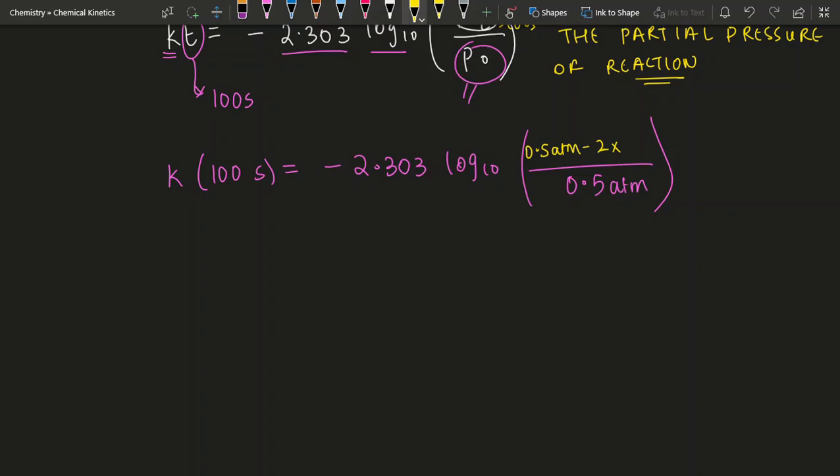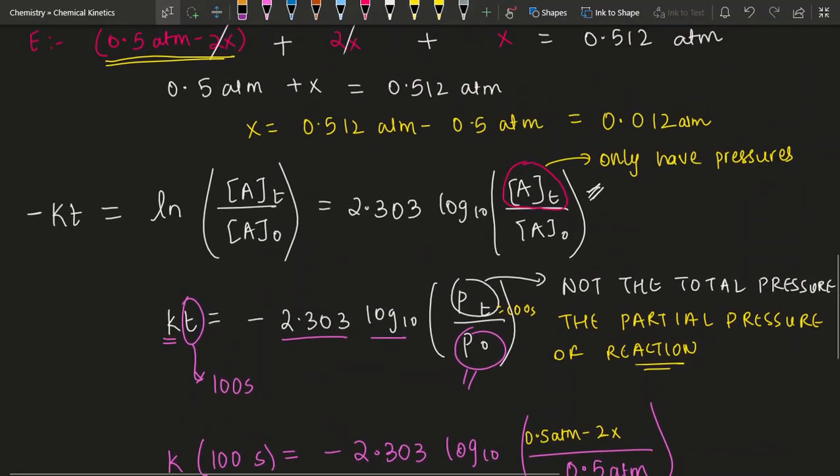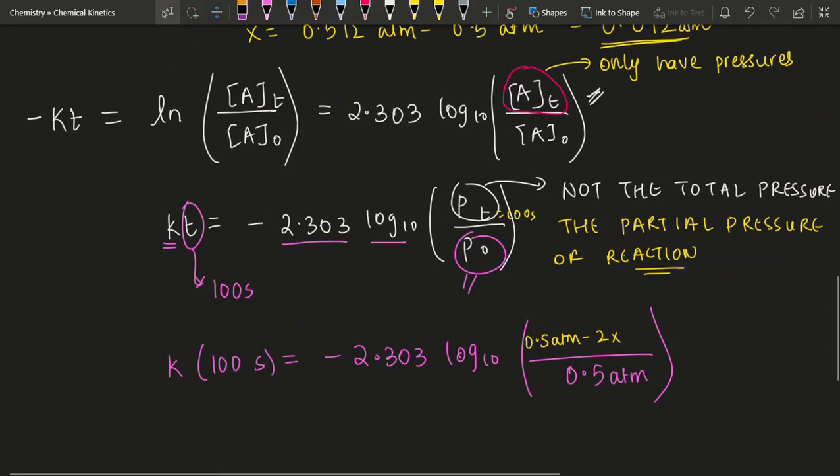Now instead of x, we do know that the value of x is equal to 0.012. So instead of x, now you can write 0.012 atm.